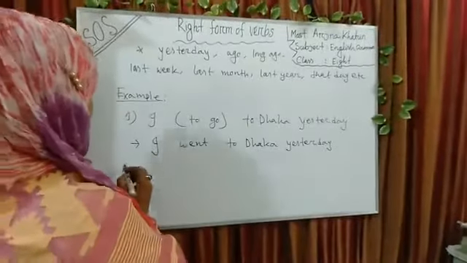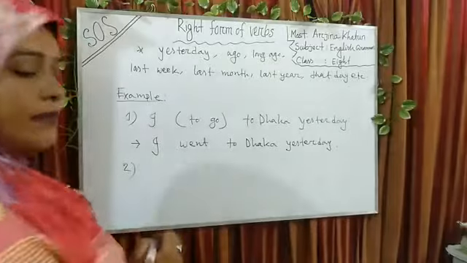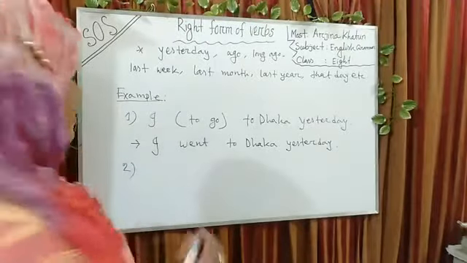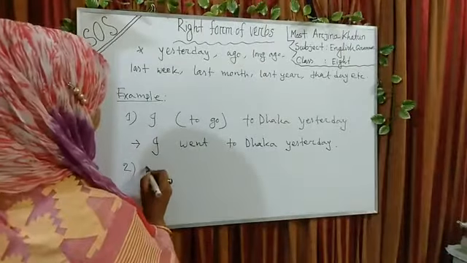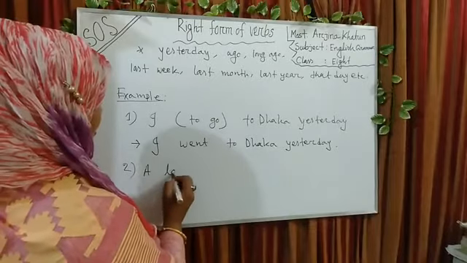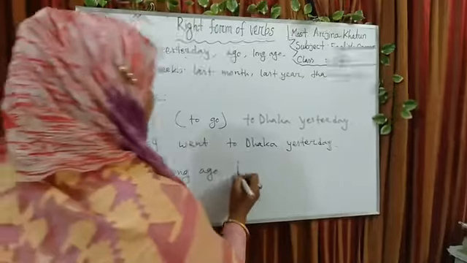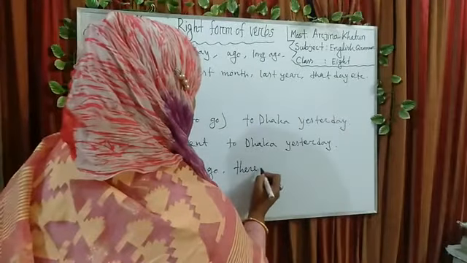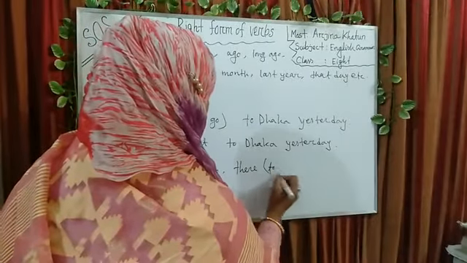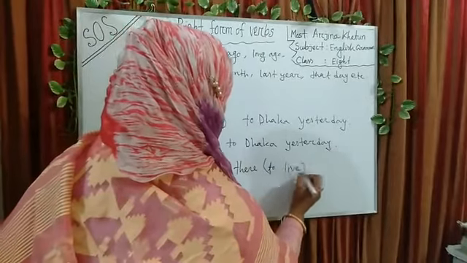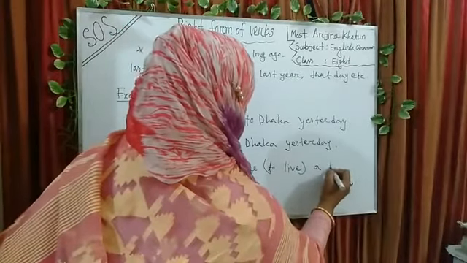Then the next sentence is: a long ago there lives an honest man.